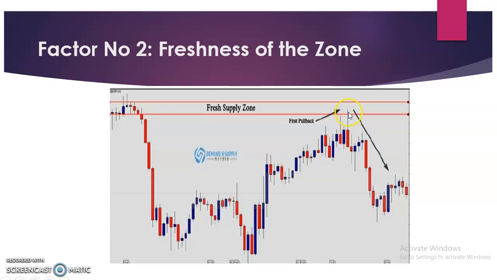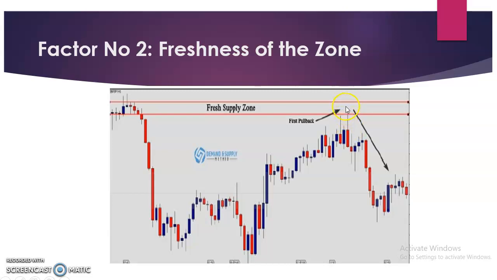All right. So this is the first time, this is the first pullback, and it represents the highest or the strongest possibility for us to really make money on selling from this particular zone. Okay.